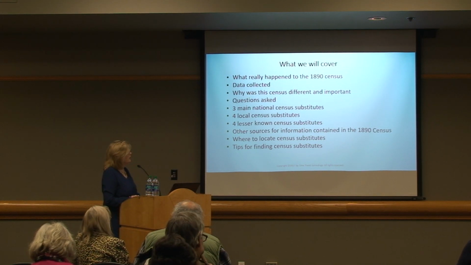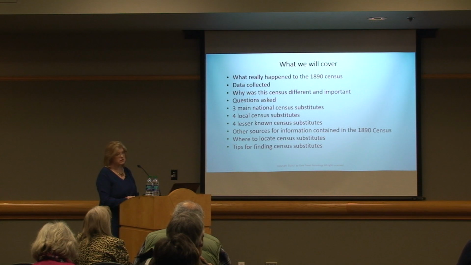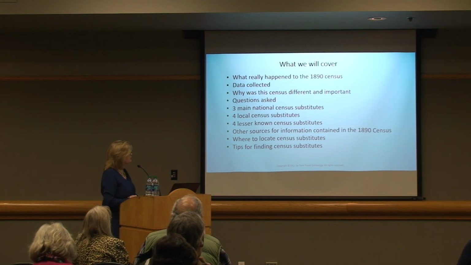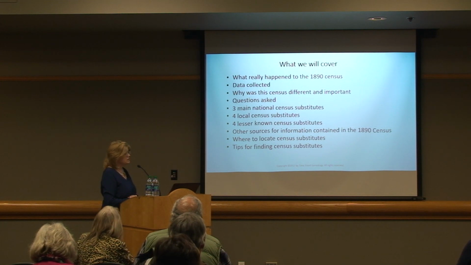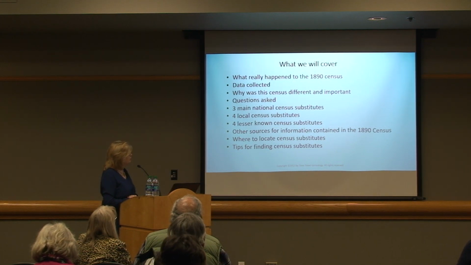So what we're going to cover today is what really happened to the 1890 census, the type of data that was collected, why was this census different than others that came before and after, and why was it important? We'll review the questions that were asked. We'll talk about 3 main national census substitutes where you can find information on your ancestor. 4 local in scope census substitutes, what I like to call the lesser known census substitutes.